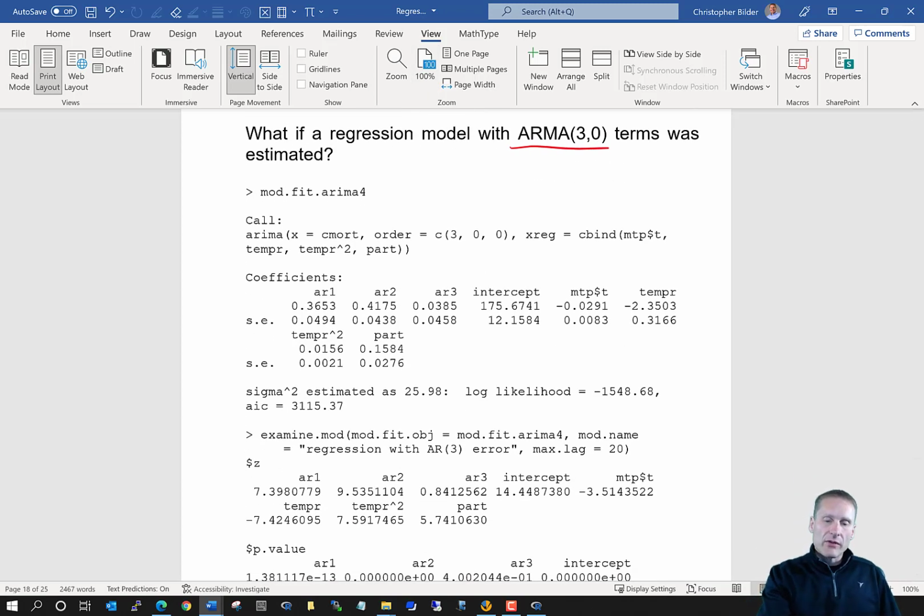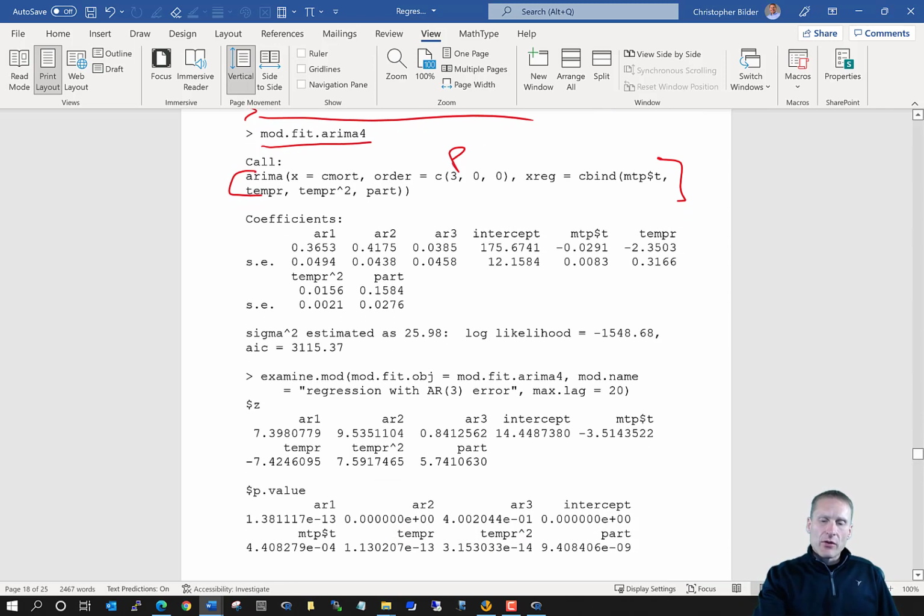So I'm going to put the results into mod.fit.arima4. Actually, for some reason, I didn't put the corresponding code there to estimate the model, but you can see the code right here. And so this is what we get. Now notice here is phi hat 3. Look at the square root of the estimated variance for phi hat 3.